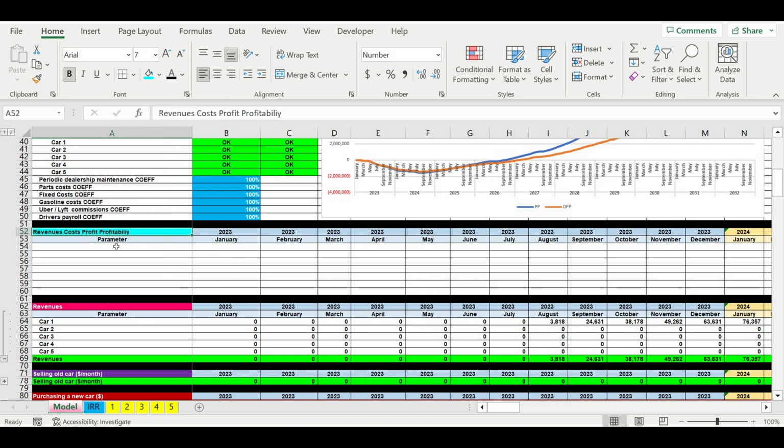So the first line will be revenues, costs, profit, and profitability.